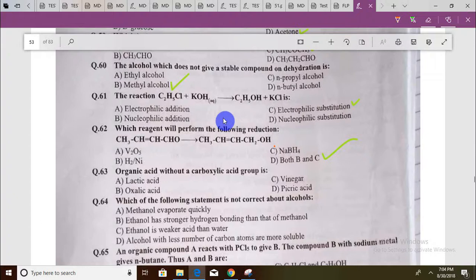So page 233, and this is an important bit, the addition of HCN, and this is mentioned in the syllabus. HCN adds to both the aldehydes and the ketones to form cyanohydrins, and the reaction is carried out by adding slowly a mineral acid into an aqueous solution of sodium cyanide, and the acid generates HCN from sodium cyanide in situ.